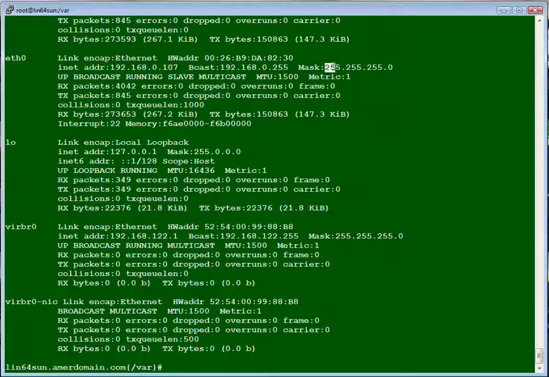And if the first is 255 and all the remaining are 0.0.0, that means it's a class A network. So we have this IP assigned to Ethernet 0, which is our network card, or we can say NIC.